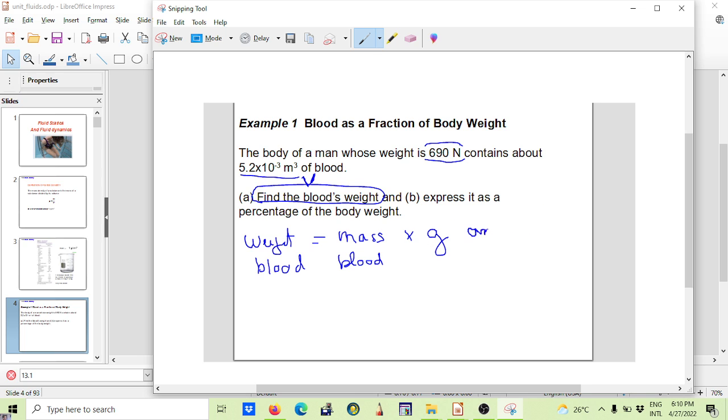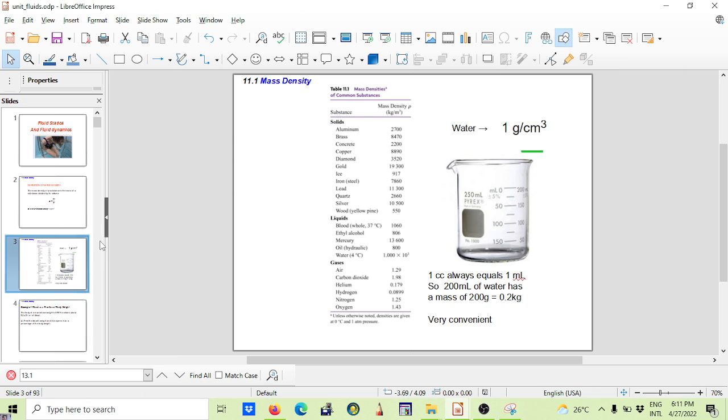And then you have the density of blood. The density of blood is the mass of blood divided by the volume of blood, right? So you can do it step by step. Let's check the density of blood. We said it's 1060, right?